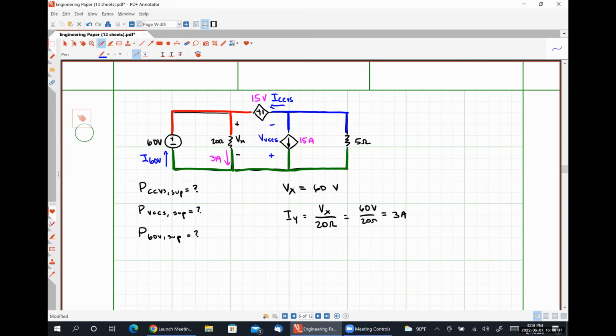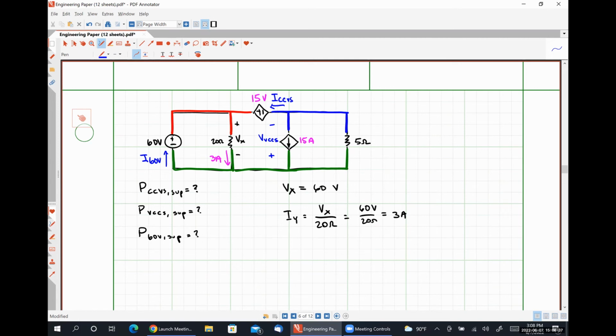Well, we already have like 3 amps below the 20 ohm resistor, and we know that there's 15 amps leaving the VCCS part. Would there be any way to find out what current is flowing through the 5 ohm resistor?